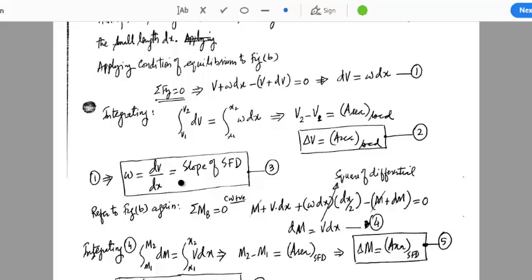The magnitude of the applied load is equal to the slope of the shear force diagram, and we have actually already used this relationship in our previous method as well, without knowing the background of this. This is also an important finding of today's discussion. So let's label it as equation number 3. These two equations, equation number 2 and equation number 3, will be used to draw the shear force diagram using the direct method. Now let's move to bending moment.